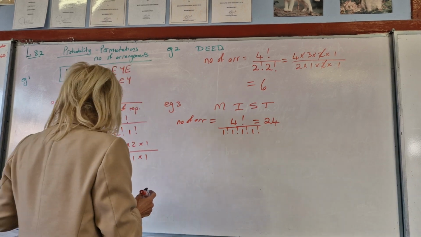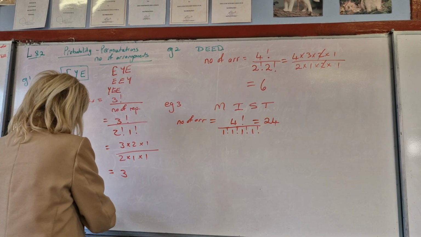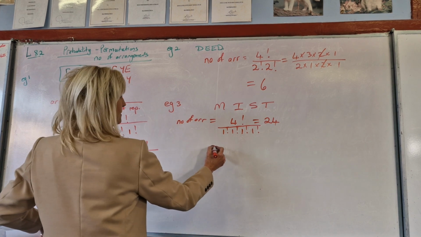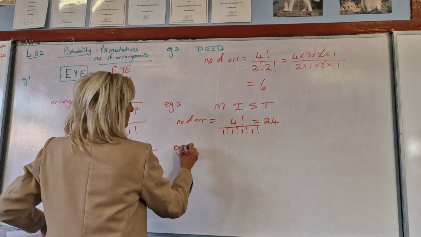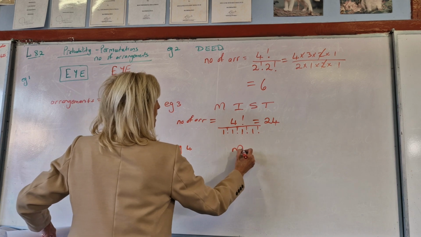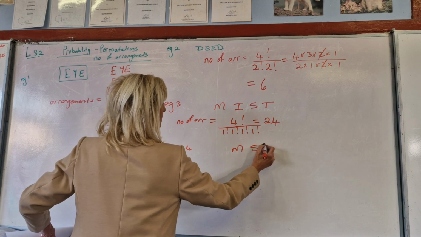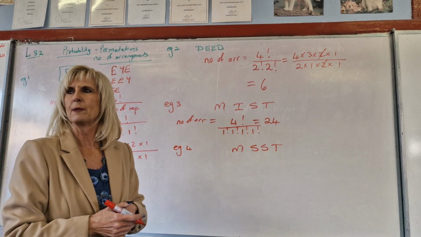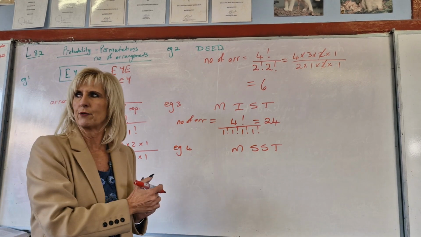Now the question says, next one. If the I is changed into an S, do you agree? Now this would be better if I just gave you this and said how many repetitions.